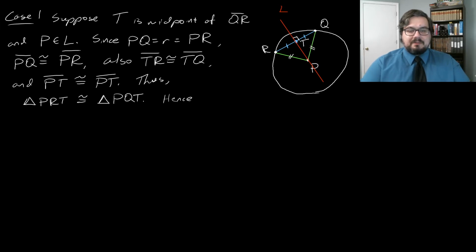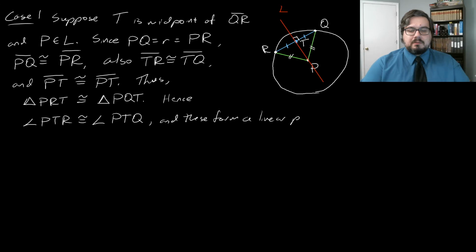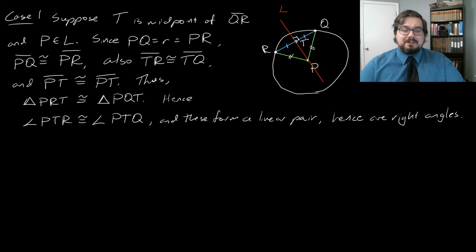Hence, we have that the angle PTR is congruent to the angle PTQ, and these form a linear pair. Hence they are right angles. We're going all the way back to the original definition of right angles here.